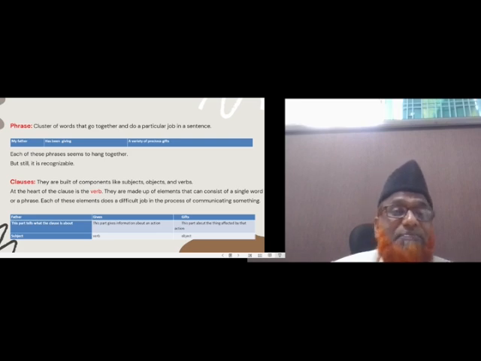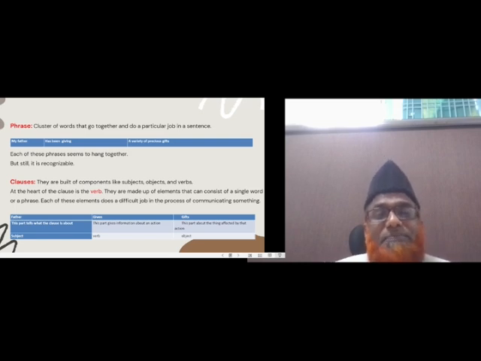The clauses are built of components like subjects, objects, and verbs. Definitely and surely a sentence has a subject, a verb, and an object. And I mentioned that the verb is at the heart of the clause.